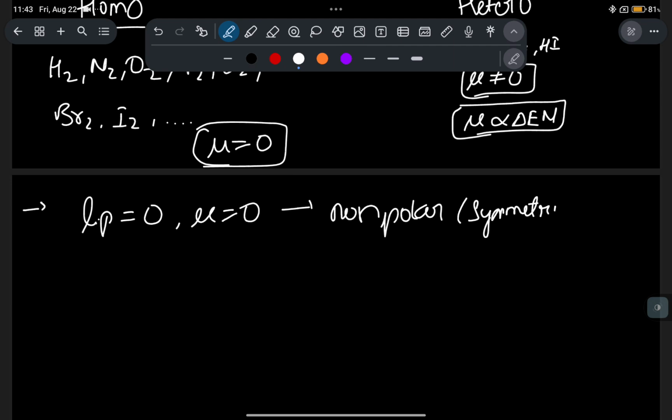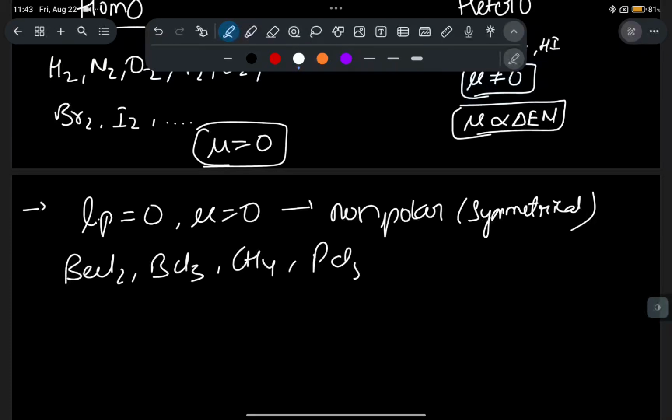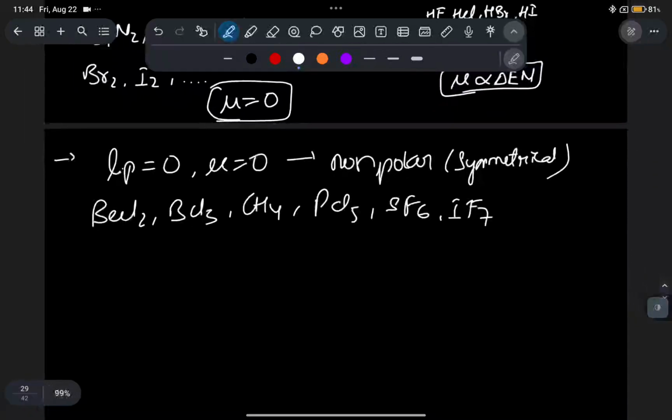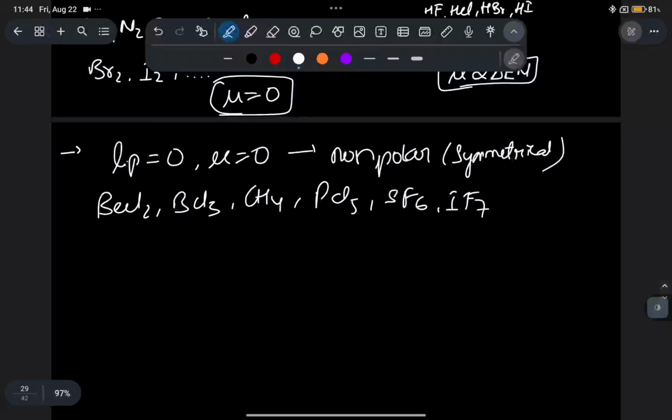We have already seen this in the earlier point. Symmetrical molecules are BCl2, BCl3, CH4. These don't have any lone pairs. You can write it directly. IF7 also.